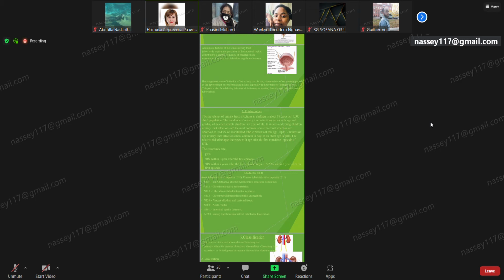Severe cases and a general character of complaints occur among young children whose age is below 1 year, and up to 3 months of age. Urinary tract infections are more common in boys, and in older age in girls. The relative risk of relapse increases with age after the first transferred episode of UTI.